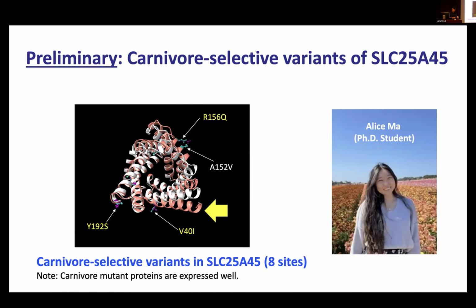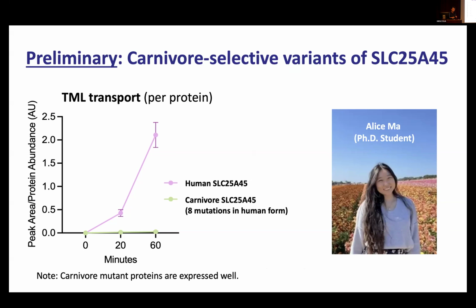Preliminarily, it's amazing. She found that if you mutate those 8 sites to the carnivore way, it blocks the TML transport. So again, the idea is that maybe variants that occurred in carnivore evolution limit the transport activity of TML, so that they can't make enough carnitine, and so they may have to start eating meat.